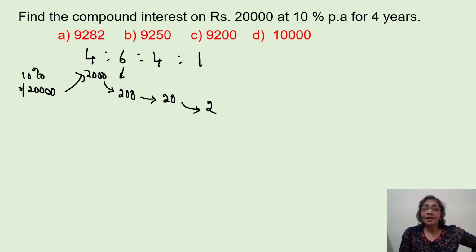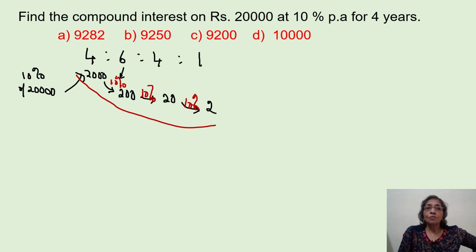So you look at what I have done. We have just taken the percentages. Go step by step. 10% of 20,000, because that's what it's given to us. That is 2,000. Then 10% of that 2,000. Get it? How we are going step by step. This is 10% of 2,000. This is 10% of 200. And this is 10%. Now multiply each of these.